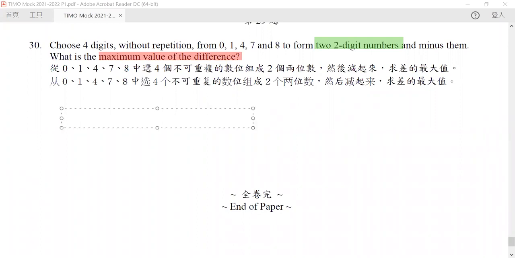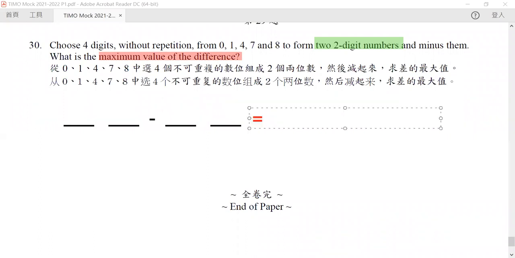So we have a number of 2 digits, and then we want to subtract it by another number of 2 digits, like this. Now, because we want the maximum difference, how can we make sure of that?